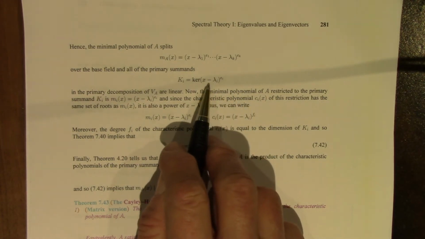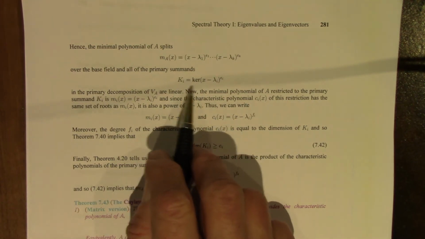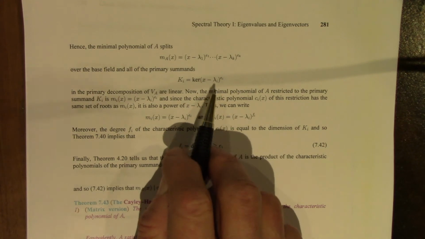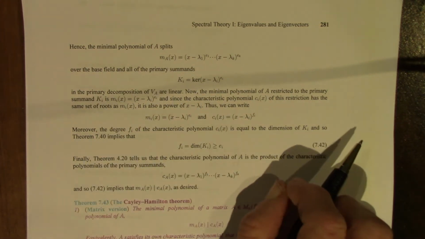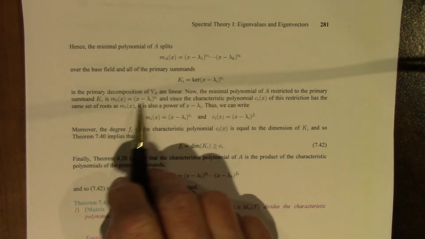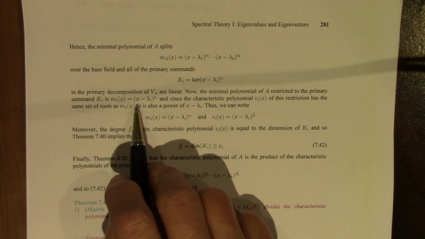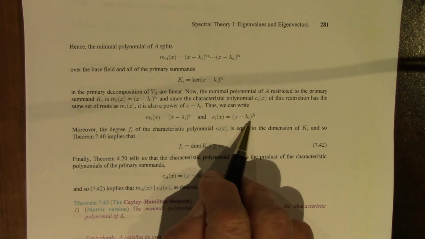And since the characteristic polynomial of this restriction of A to K sub i has the same root set as the minimal polynomial, it must also be some power of x minus lambda i.